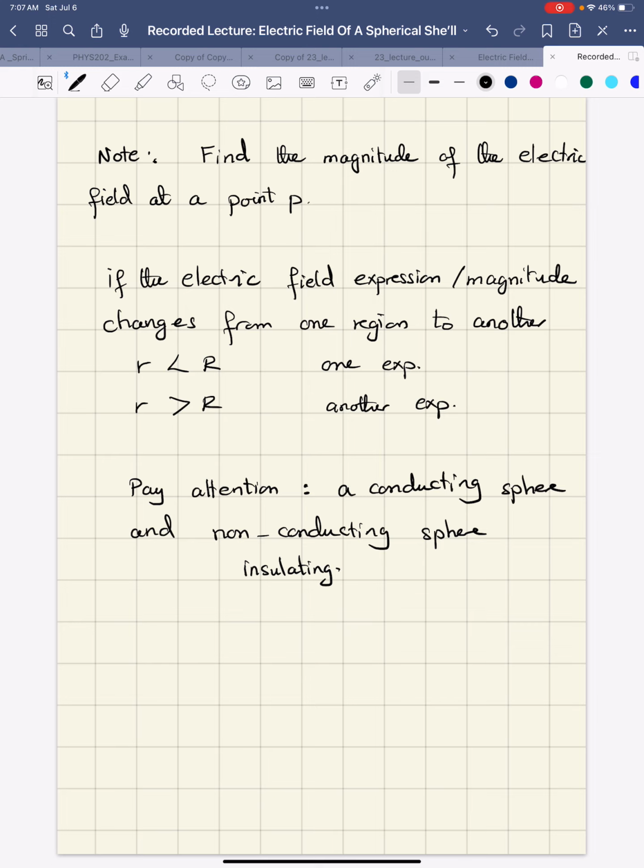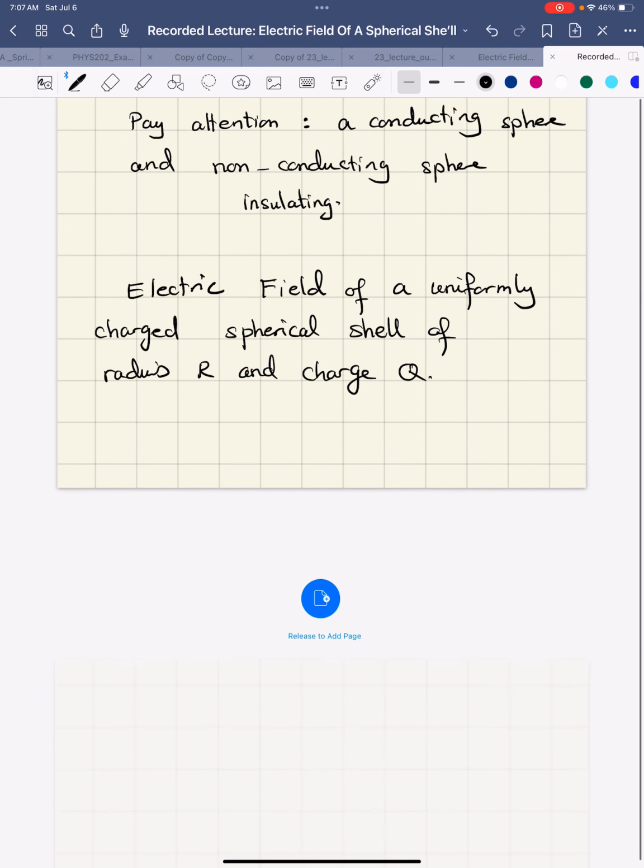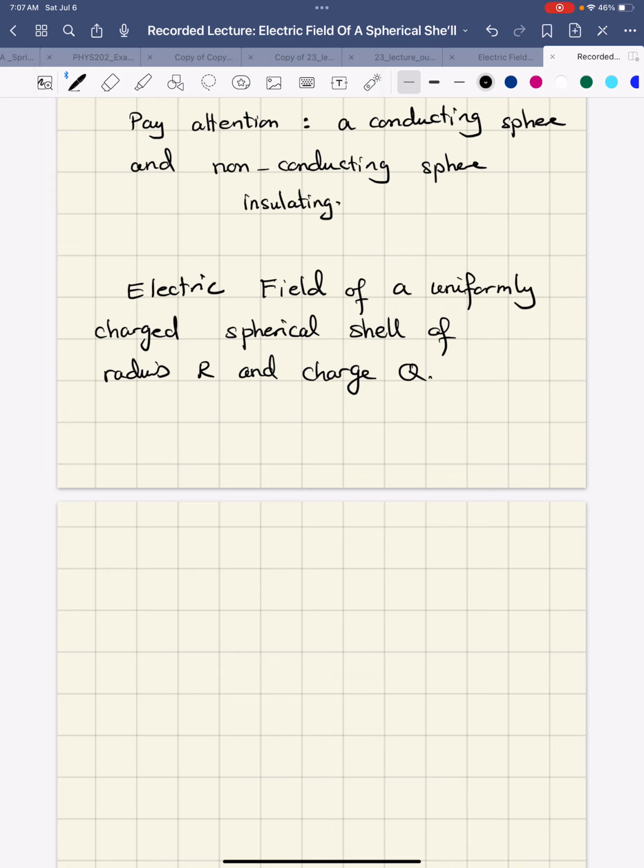Now, the expression that I want to discuss with you here is the electric field of a uniformly charged spherical shell of radius R that has charge uppercase Q. This is really what I am looking for.